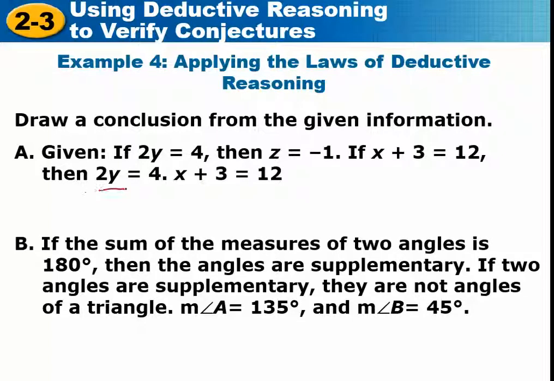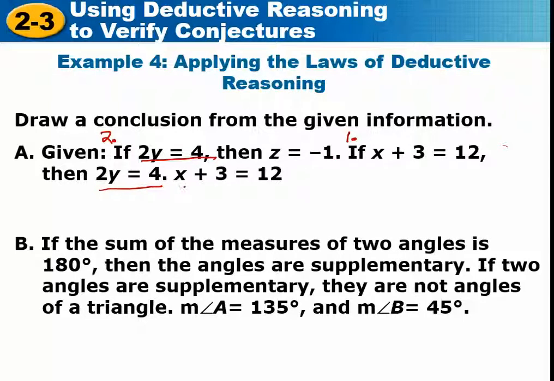Notice how this conclusion matches this hypothesis. If you ever see that happen, then we should reorder these sentences. This should be number 1 and this should be number 2, because maybe we can use the law of syllogism. So number 1 is if x plus 3 equals 12, then 2y equals 4. And the next one would be if 2y equals 4, then z equals negative 1.